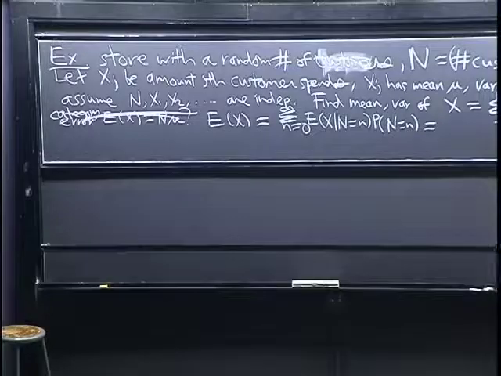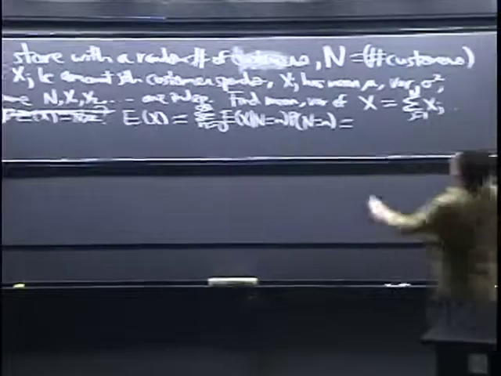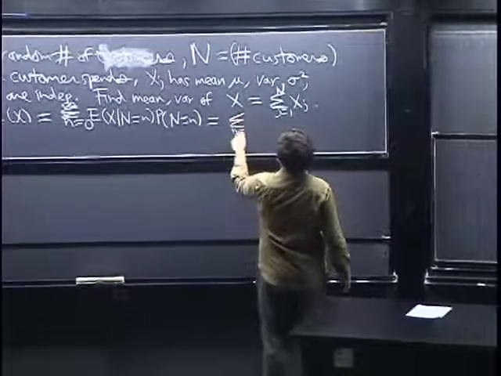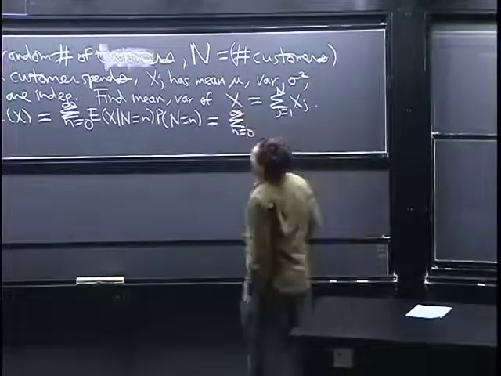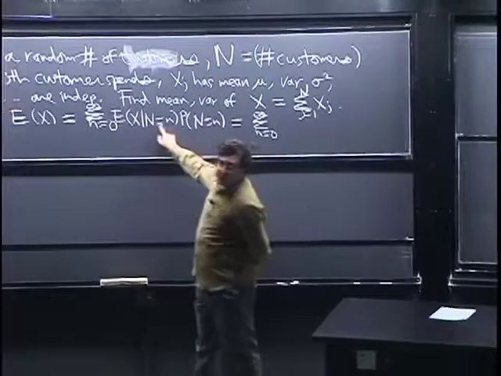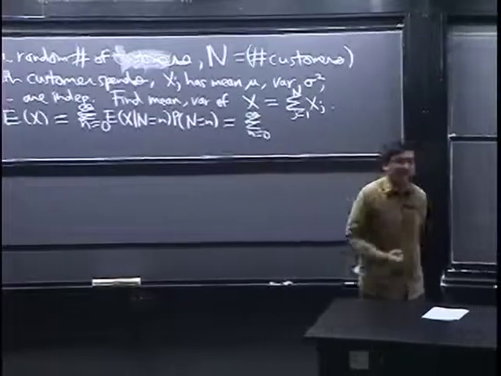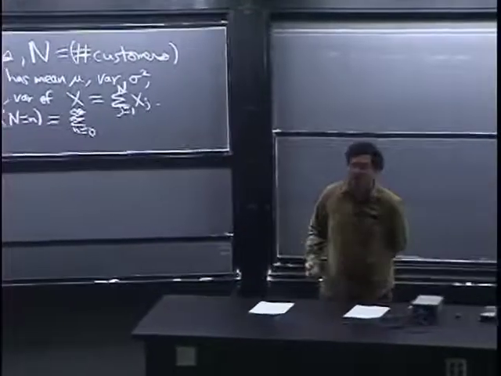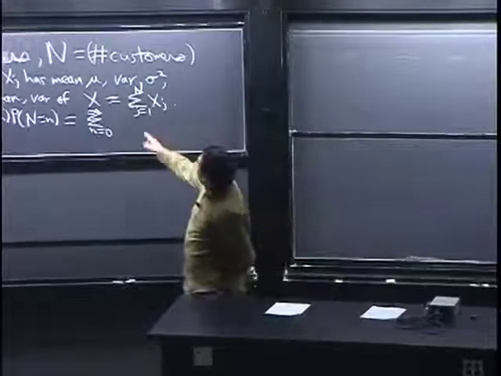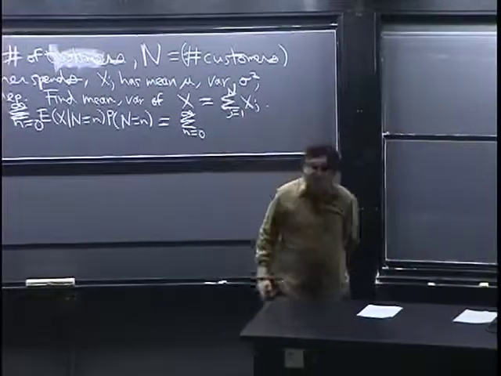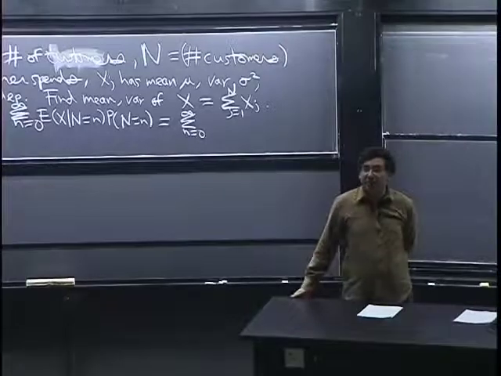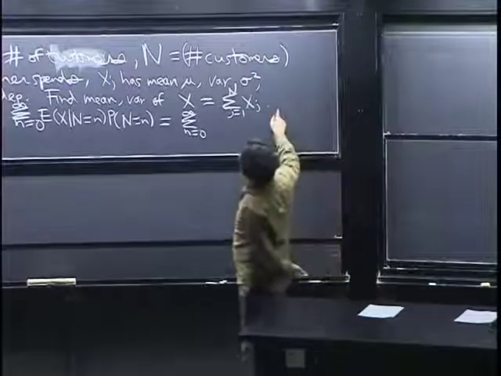Just condition on the value of n. This conditional expectation means we get to treat n as known to equal little n. So we know we have little n customers now. In that case, we really can just apply linearity, right? So we're going to plug in big N equals little n.